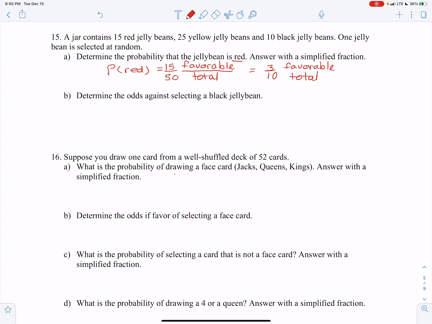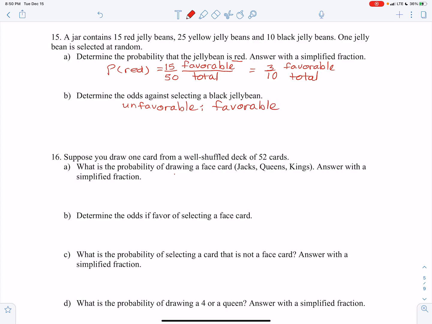Now we want to determine the odds against selecting a black jelly bean. So odds against, we usually express that as a ratio of unfavorable outcomes to favorable outcomes.